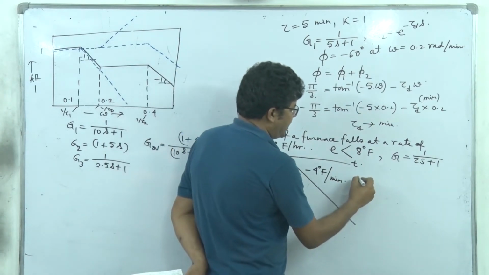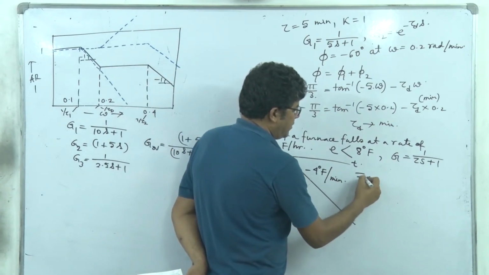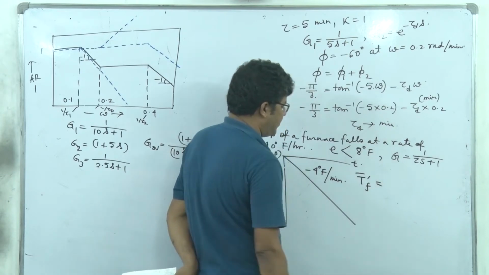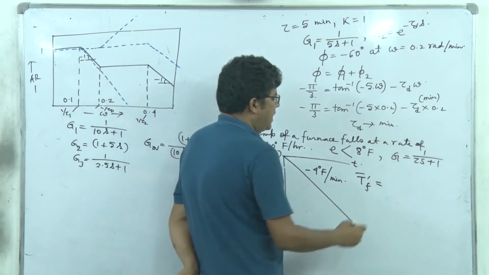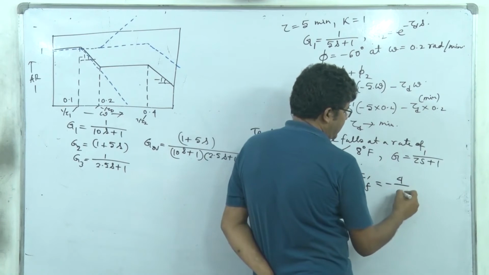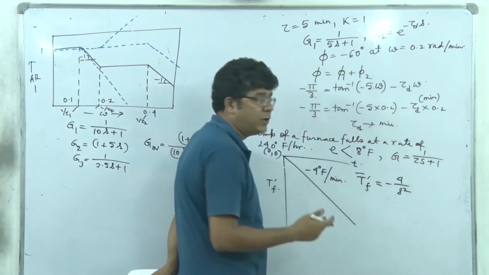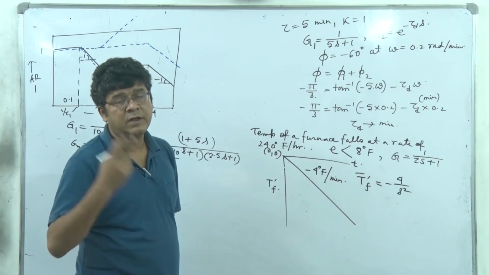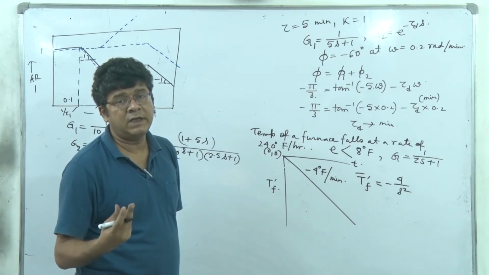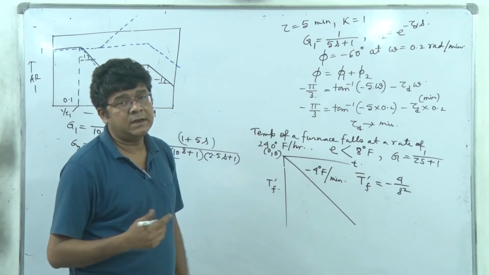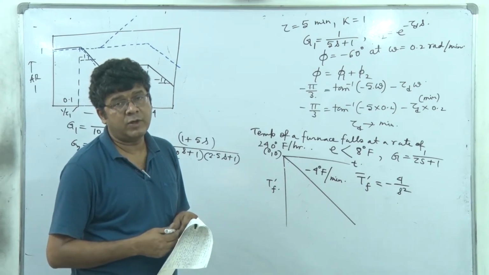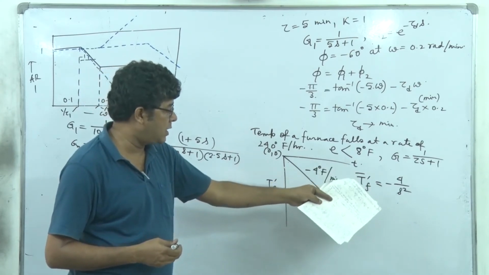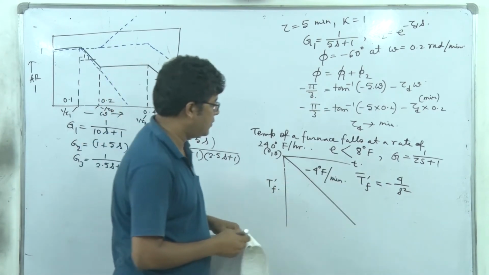So the respective input Tf prime in the Laplace domain we can write as minus 4 divided by s square, because for a ramp in deviation variable, if it is a into t, where a is the slope, then f prime bar is equal to a by s square. The same thing we have here with the minus sign, of course.